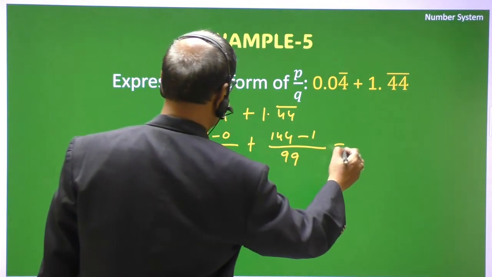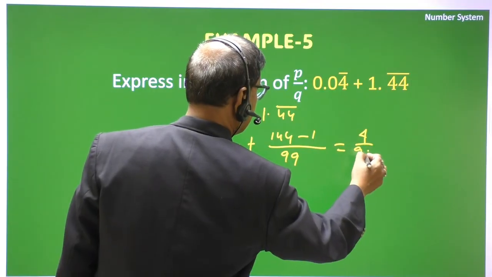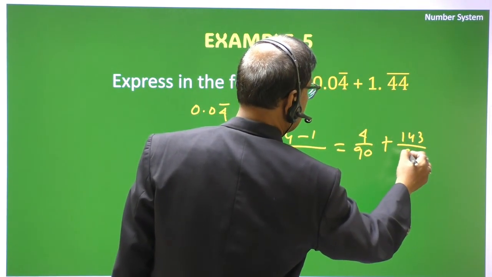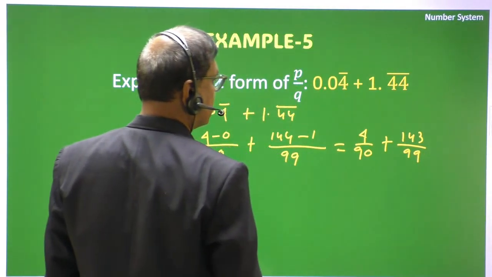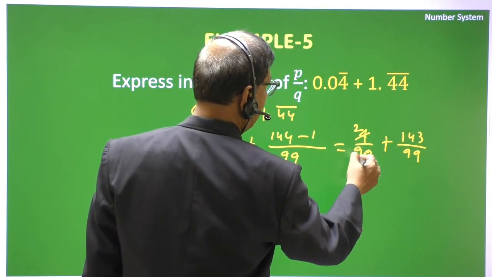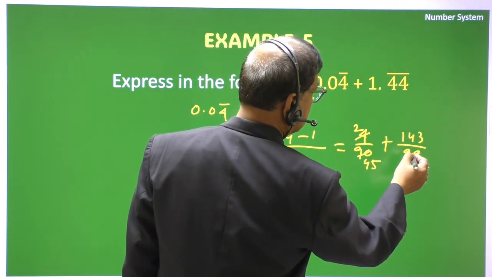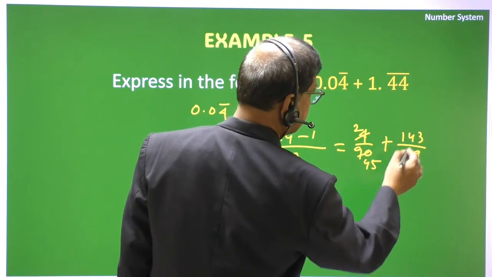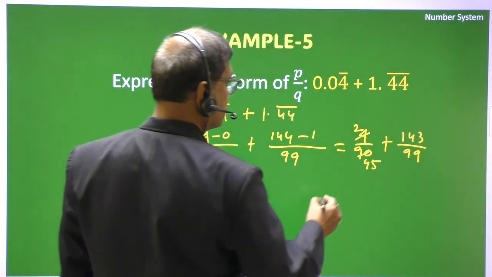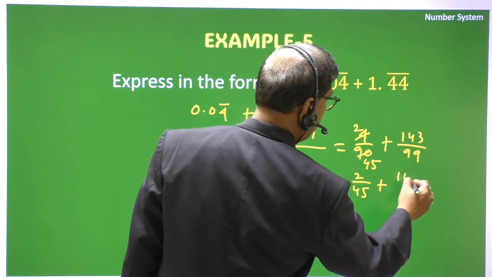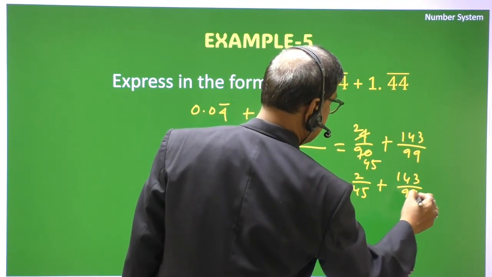So finally we are getting 4 upon 90 plus 143 upon 99. We can cancel by 2, and here it is not possible to simplify. So 2 upon 45 plus 143 upon 99.